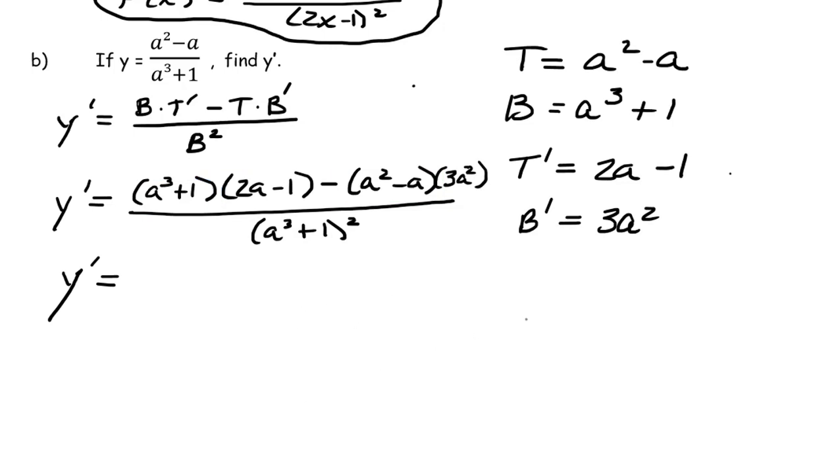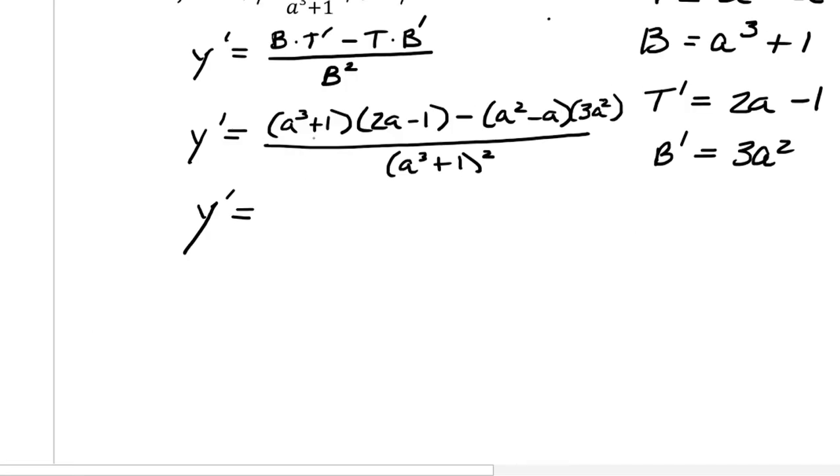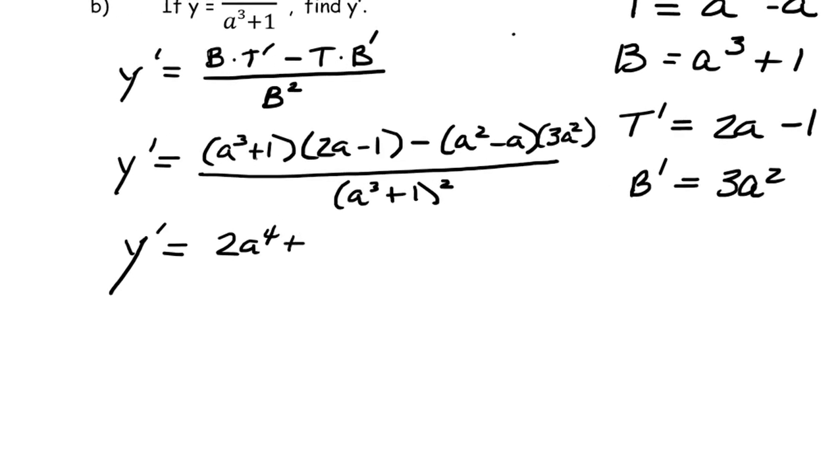So we're going to multiply a cubed plus 1 times 2a minus 1 by just foiling. So a cubed times 2a is 2a to the 4th, plus 1 times 2a is 2a, minus a cubed times negative 1 is a cubed, plus 1 times negative 1 is negative 1.